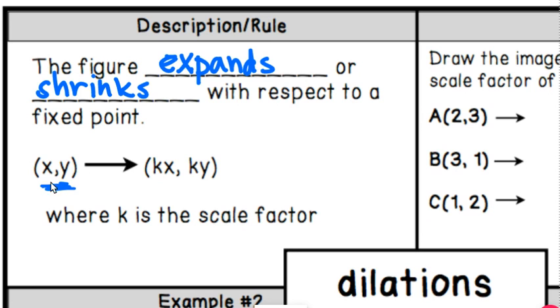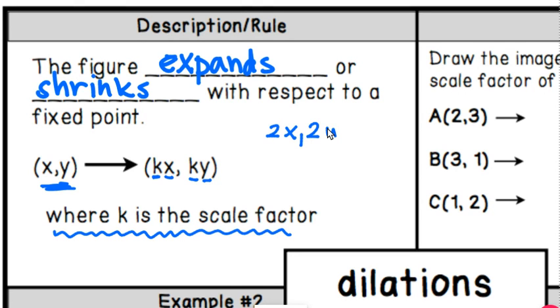So what we have here is our xy becomes k times x and k times y, where k is the scale factor. Okay, so if you had 2x, 2y, that means our shape is going to double in size because I'm multiplying by 2, right?